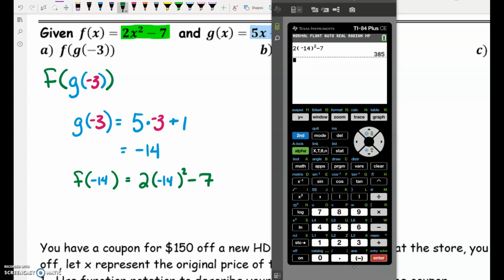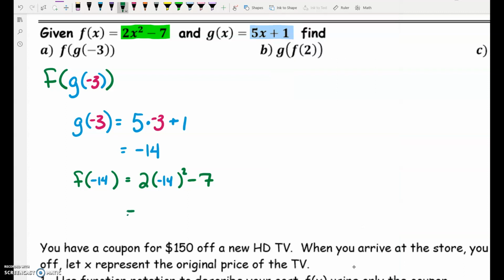Our answer is 385. Now, a quick recap of what we did. We started here in the middle with -3. We plugged -3 into the g function and got an answer. Then we plugged that answer into the f function. So start in the middle, work your way out.